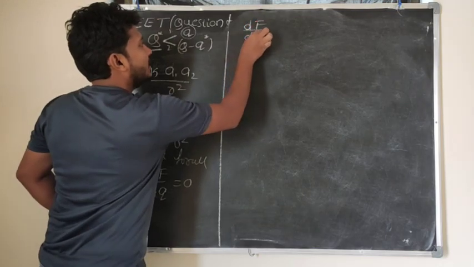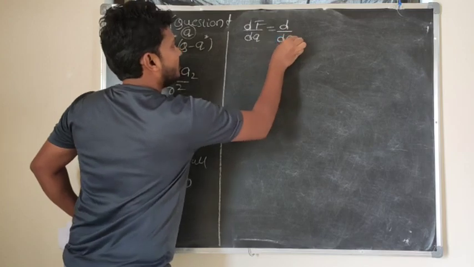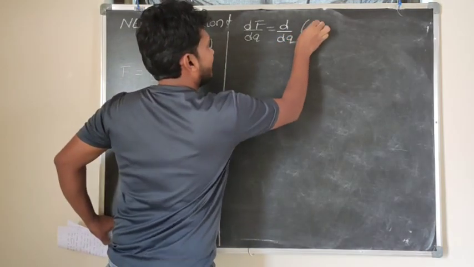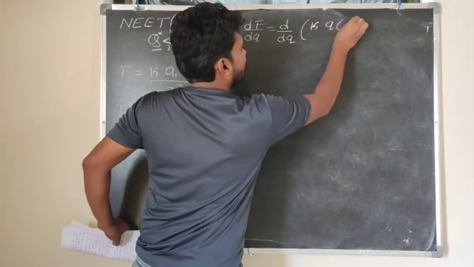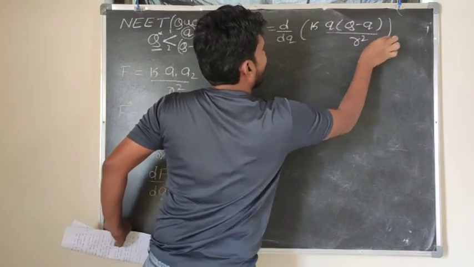Let me differentiate this equation. dF by dq is equal to d by dq of the F value, which is k into q into (Q minus q) divided by r square.